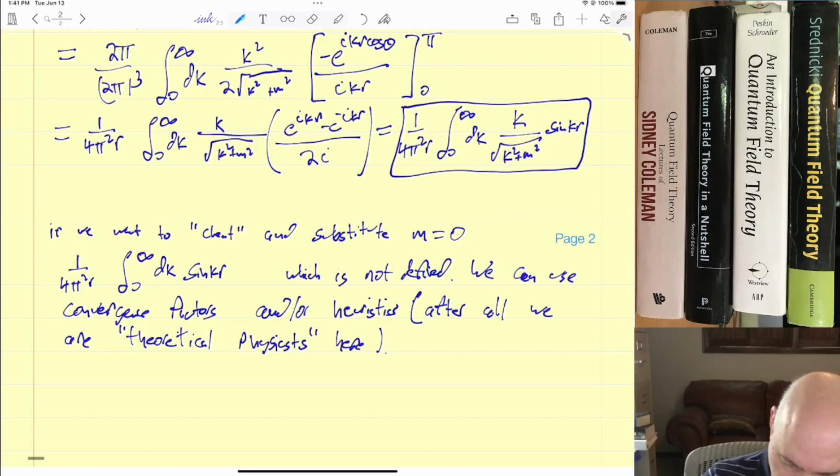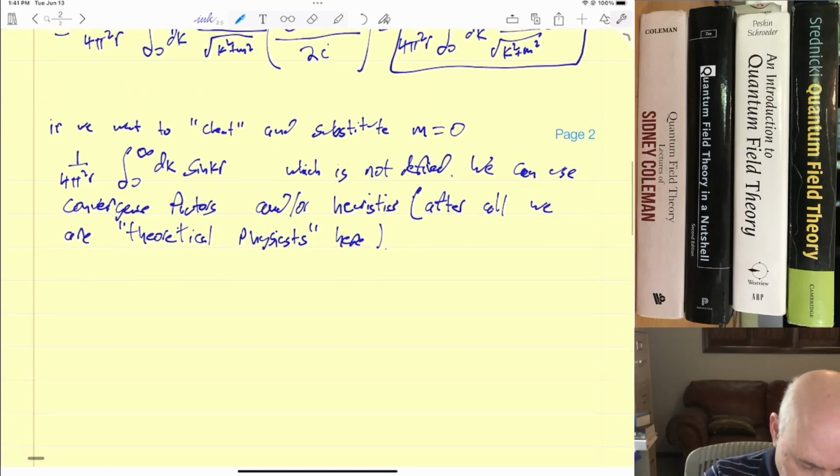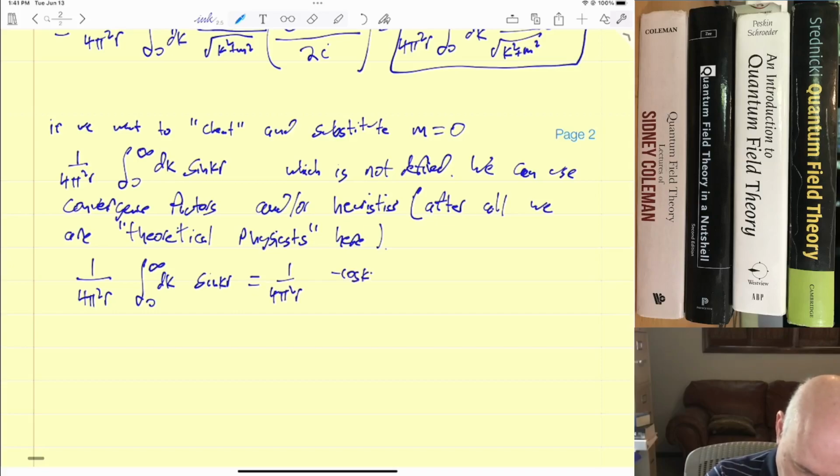So what we can do, you can do the convergence factors, or you can just integrate it directly, and you're going to get 1 over 4 pi squared r, the integral from 0 to infinity, dk sine kr, is equal to 1 over 4 pi squared r times minus cosine kr divided by r, taken from 0 to infinity.